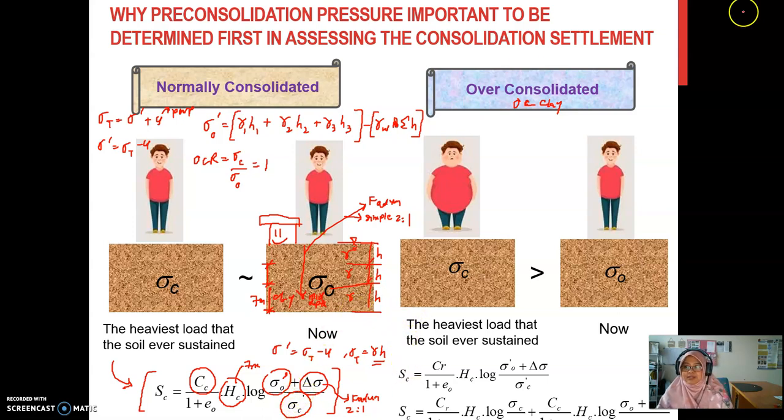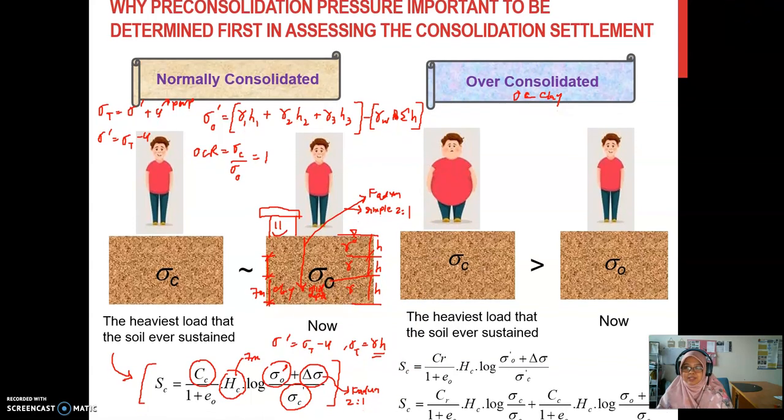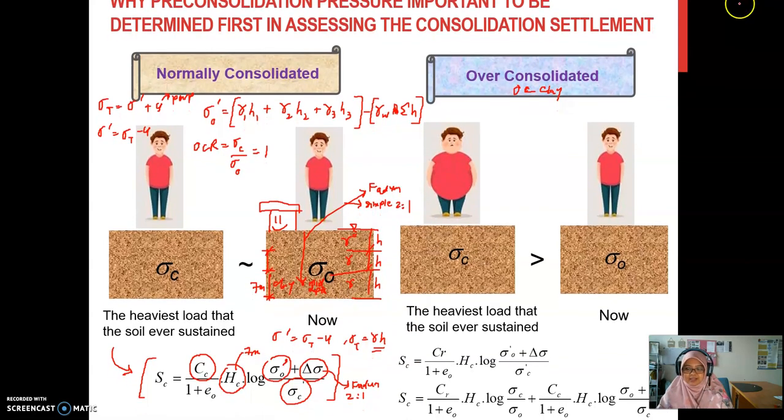Let me correct the location of the video. If you calculate OCR, how do we obtain OCR? Stress C over stress naught, bigger than 1. Let's say previously you obtained this is 90, and then you calculate the total and effective and get 78.